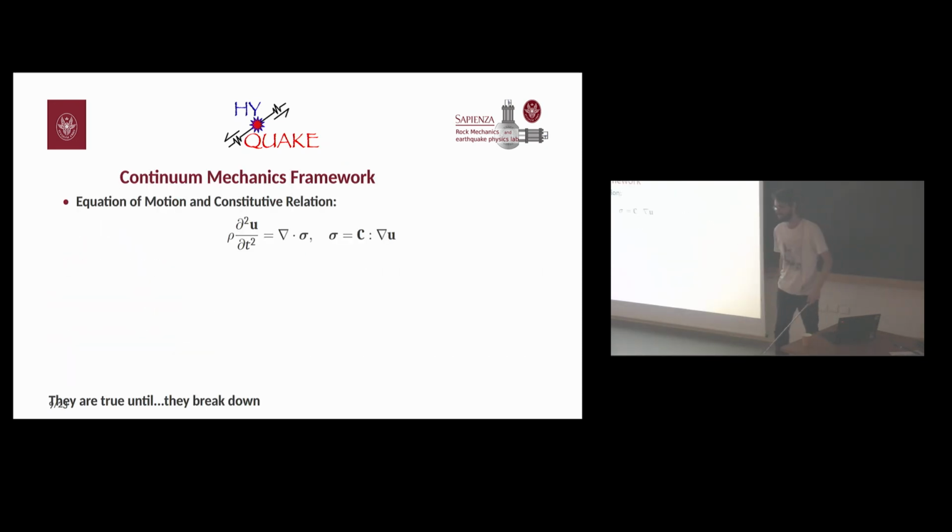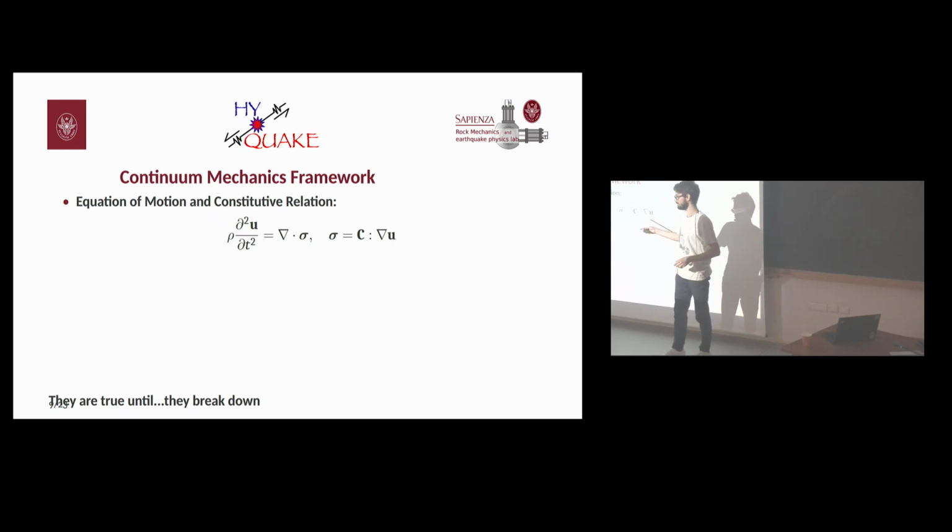Theoretical framework, why this should work. This is probably the basics of any course on mechanics, but I would like to remember to myself and to the other people that this was originally empirical. While this is Newton's law, the fact that you move stuff because you compress it around, this is empirical. This comes from the lab. This one too, and they both work until, on a normal sample, you can put numbers between strain and stress.